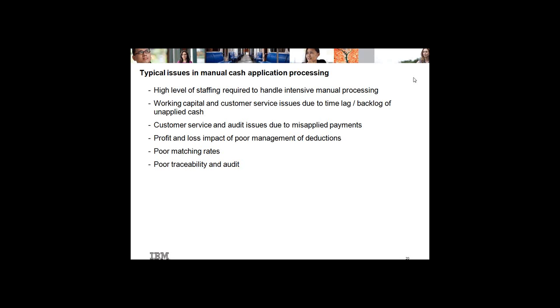Those are known and obvious issues, but they continue to happen, and trying to find better ways to make the process work in a more streamlined way up front and reduce or eliminate backlogs is key to making the whole order to cash process function at its optimum.